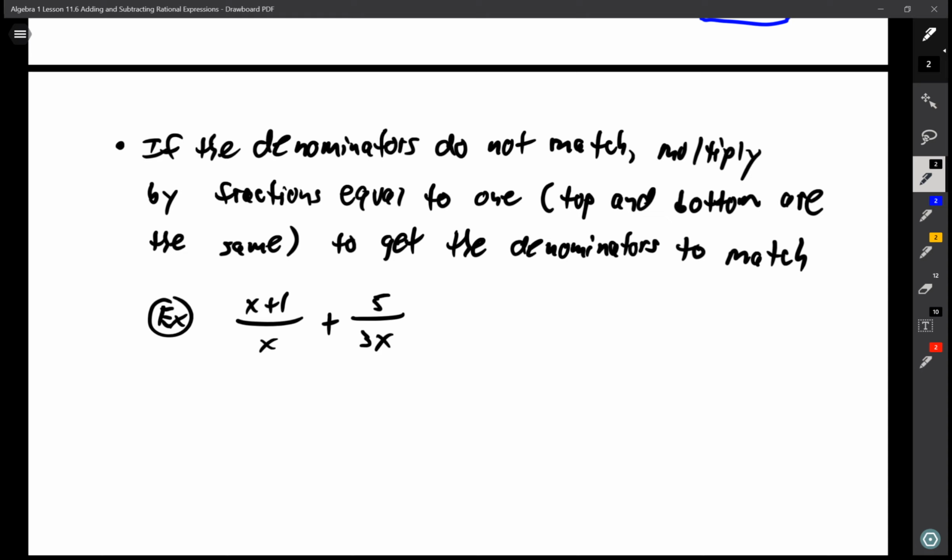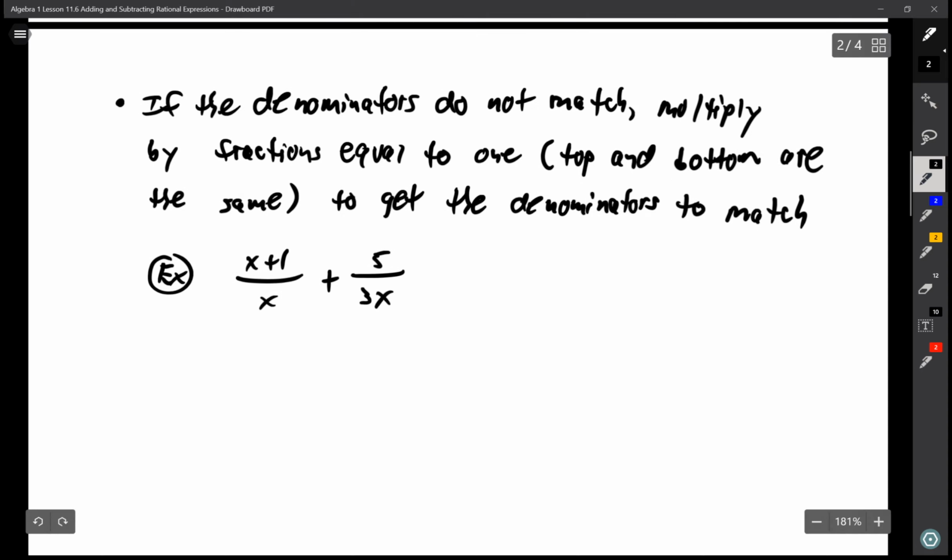Those don't match each other. But what can I multiply the first fraction by to get its denominator to match the second denominator? Well, I can multiply by 3 over 3, because that's equal to 1. Therefore, I'm not changing the value of what I'm dealing with. I'm just changing what it looks like.